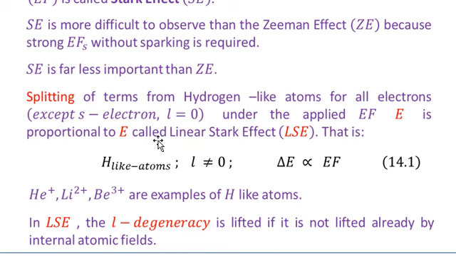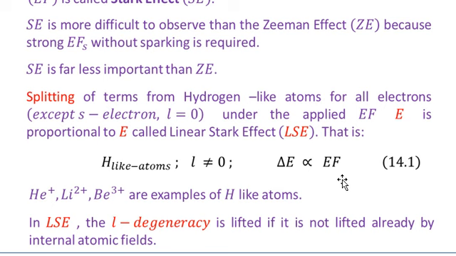Because in the linear Stark effect, the splitting is directly proportional to the first power of electric field. That is why it is called the linear Stark effect. And here simply I am writing that for the hydrogen-like atom, and for those electrons for which the orbital quantum number is not zero, that is, I am talking about p electron or d electron or f electron, then delta E, which is the splitting between the levels, is directly proportional to the electric field, or is directly proportional to the first power of the electric field.